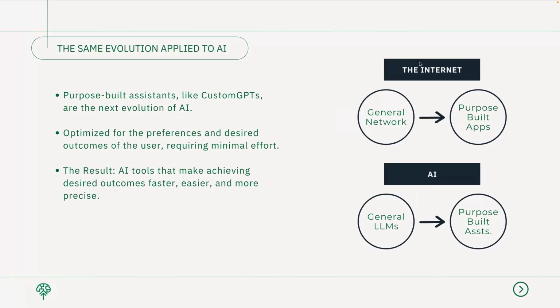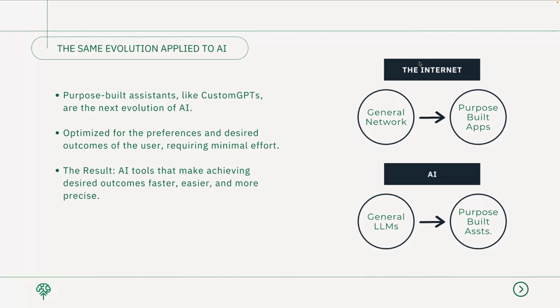Then how is AI going to evolve, right? Similar to the internet, how it went from a general network to purpose-built applications and websites, AI is going to do the same thing. It's going from a generalized large language model, a generalized tool, evolving into purpose-built agents, right? These versions of AI are built for very specific use cases and very specific tasks.